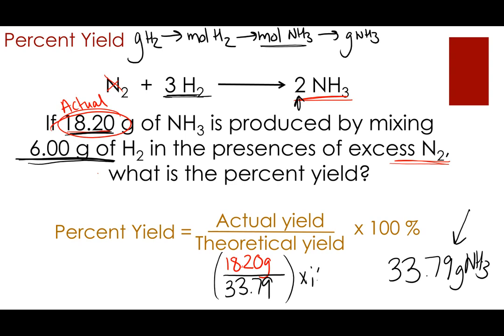So I'm going to multiply it by 100 just to make it a percentage. Okay. So 18.20 divided by 33.79 times 100. So this was 53.8%. Okay.